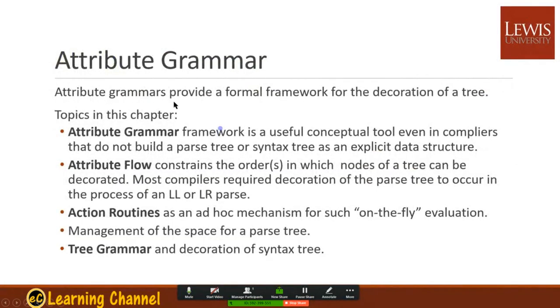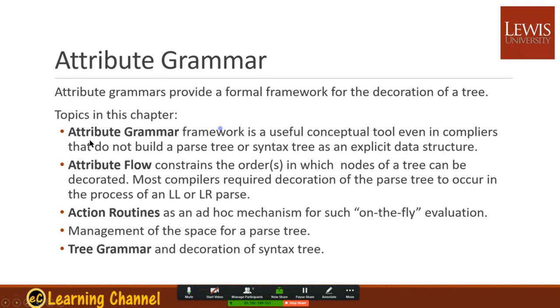Attribute grammars provide a formal framework for decoration of a tree. Topics in this chapter: the attribute grammar framework, a useful conceptual tool even in compilers that do not build a parse tree or syntax tree as an explicit data structure, and attribute flow, used to evaluate the attribute grammar, which constrains the order in which nodes of a tree can be decorated. Most compilers require decoration of the parse tree to occur in the process of an LL or LR parser.